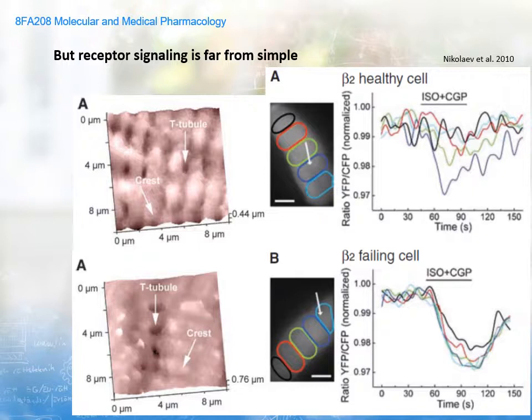Well, that's fair enough, but there is much more new data that we have nowadays that is actually giving us an idea of the complexity. And this paper by Nikolaev and others from 2010 is particularly telling in that respect.